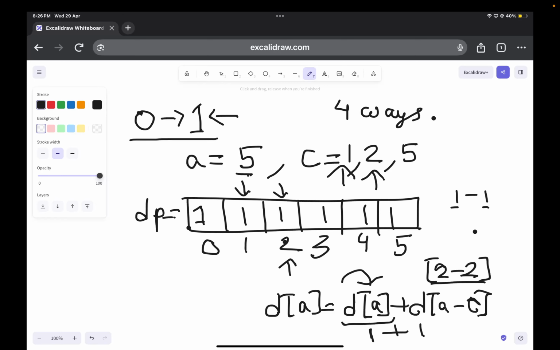So basically you now have 1 and 2 rupee coins. Now you can either give 1 plus 1 or 2. There are two ways. Am I clear? Yes, sir.